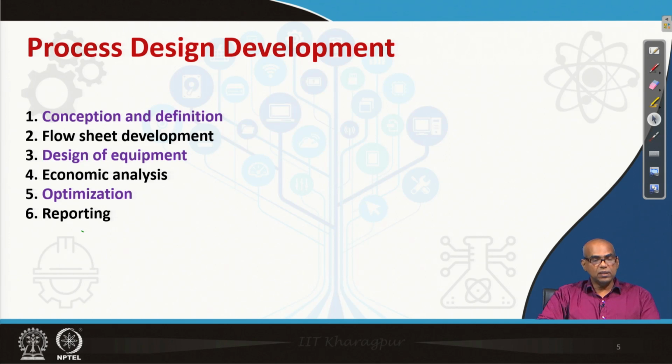Next, flow sheet development, then design of equipment, economic analysis, optimization, then reporting or documentation. So, these are the major steps that will always be there in a design activity. Now, we see these design steps in more detail.